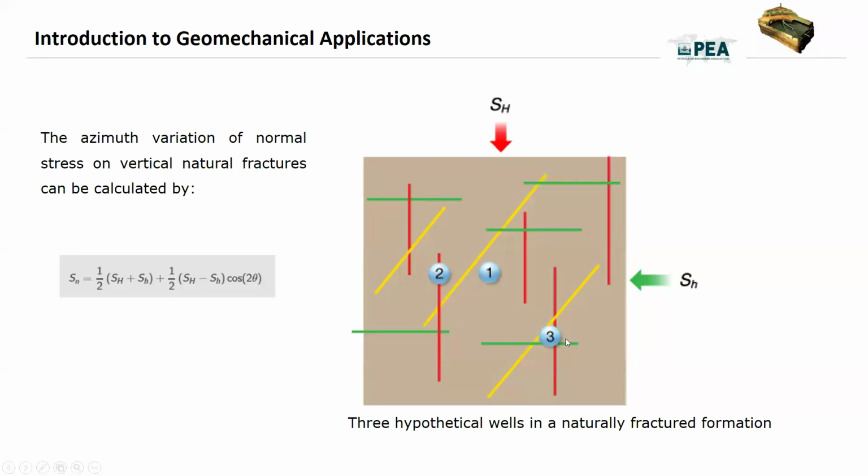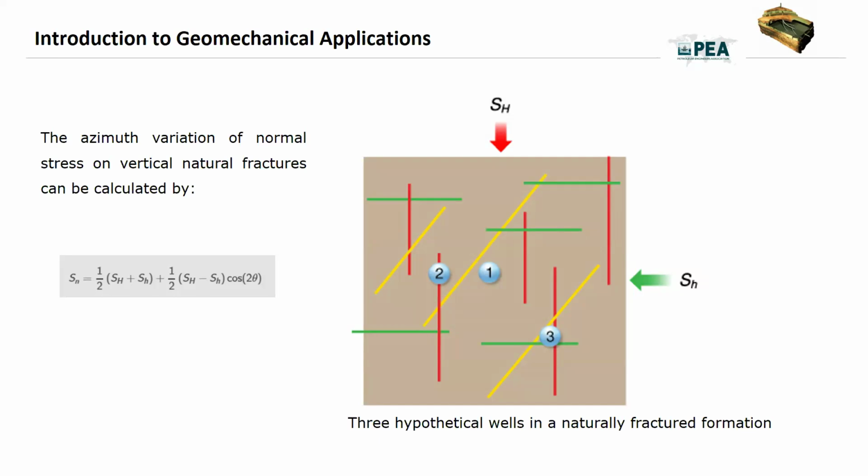And the third well, well 3, intersects three fracture sets. One, the red one, is aligned with the maximum horizontal stress, the green one is aligned with the minimum horizontal stress, and also the yellow one is at 45 degrees from both stresses.